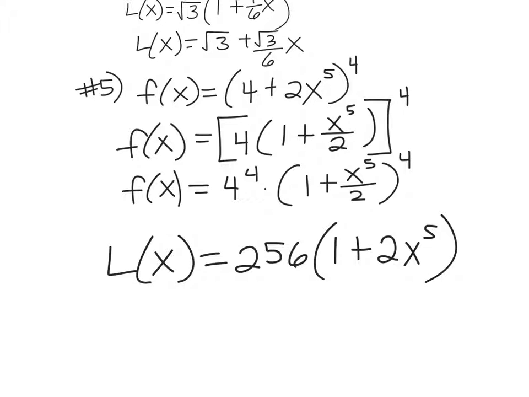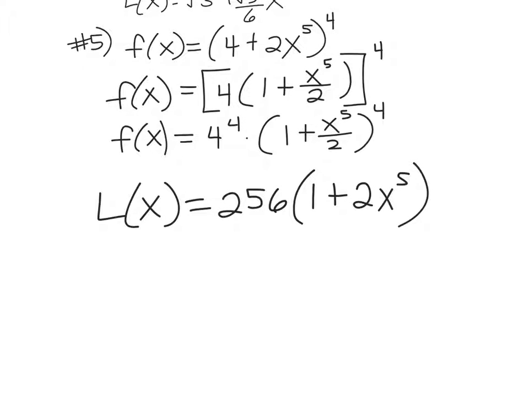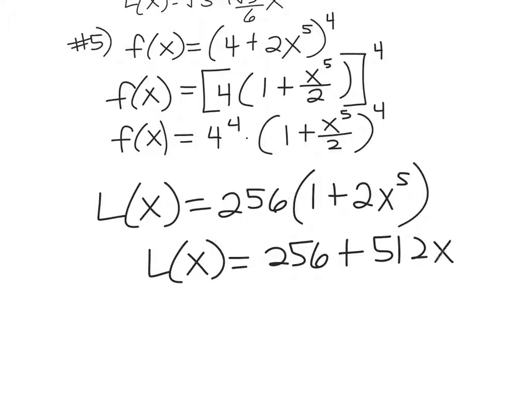And then you can go ahead and distribute the 256 in if you want to, or leave it. It doesn't matter. So what's 2 times 256? 512. So plus 512 x to the fifth. And there it is. That's it. I'd be fine either way. All right. So those are the types of problems you will get.